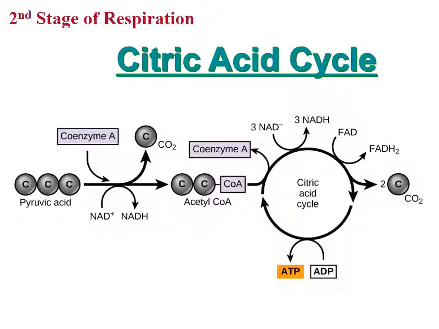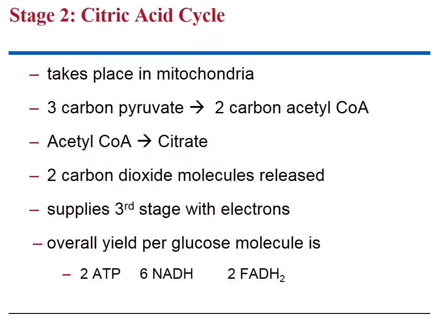This takes place in the mitochondria and starts with that acetyl-CoA, which is formed from pyruvic acid. So moving right along, remember that this takes place in the mitochondria and it's the acetyl-CoA that enters into the mitochondria.